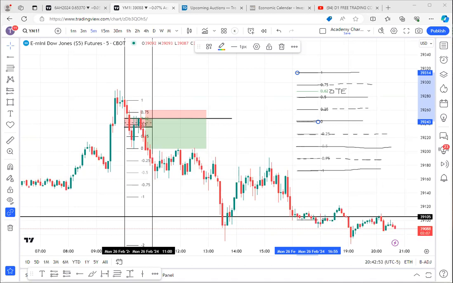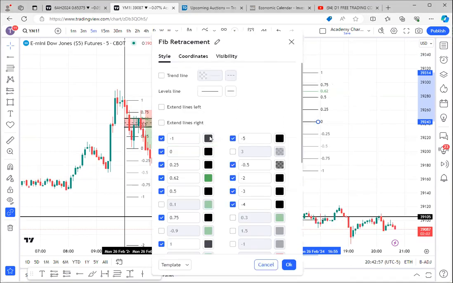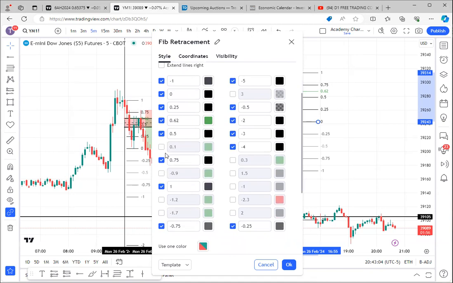And that's how I do my fibs for my grading. So right here, you can see -1 is 0, 0.25, 0.5, 0.75. And then they're kind of scattered now, but negative 0.25, negative 0.5, negative 0.75, and then -1.